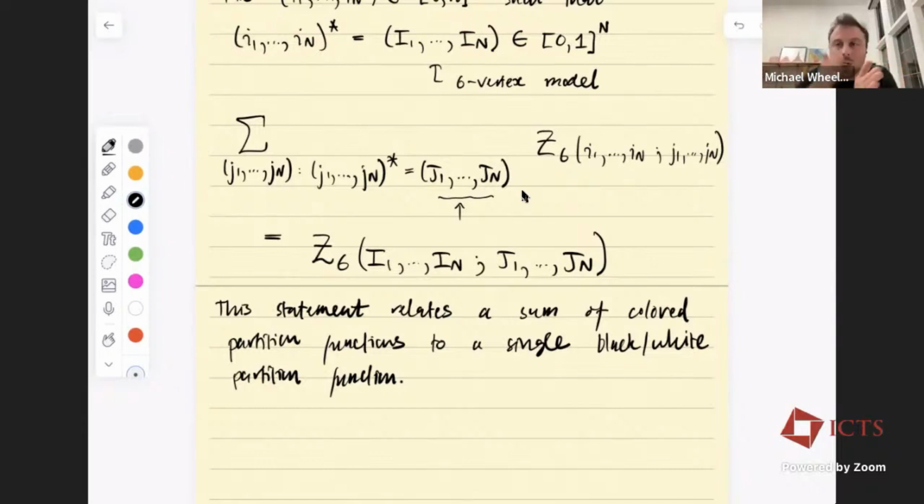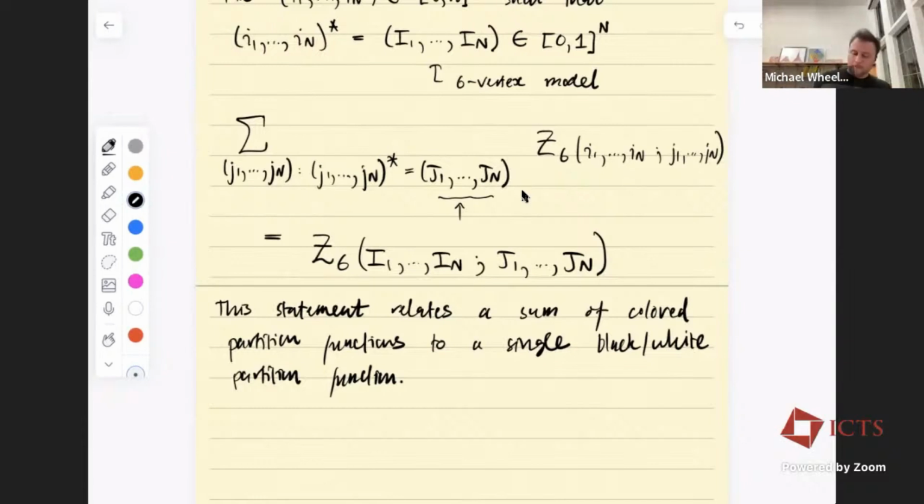So you have colors that are nearest neighbors, and then you can symmetrize over those, and they all collapse into a single color. So there's actually quite a few versions of the statement here, including the one that you said. But I just gave this version because it's a bit more elementary.